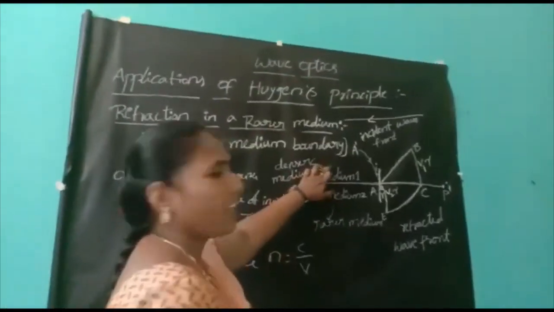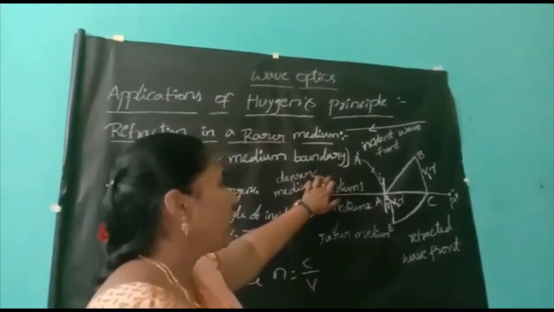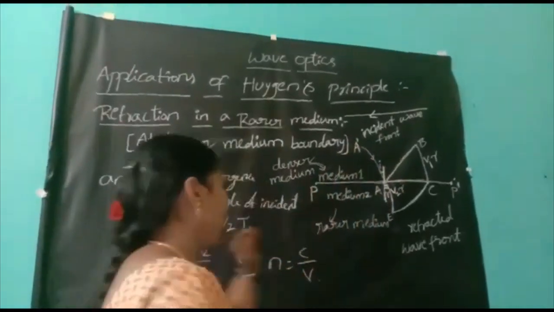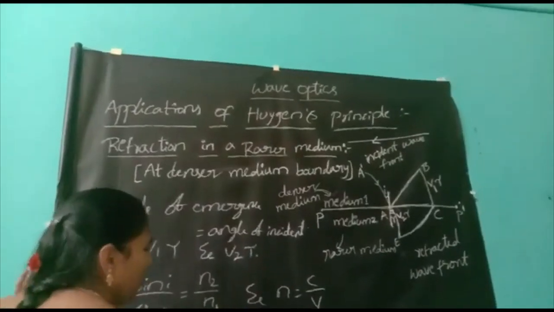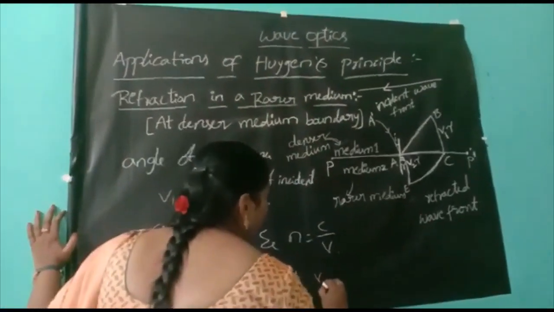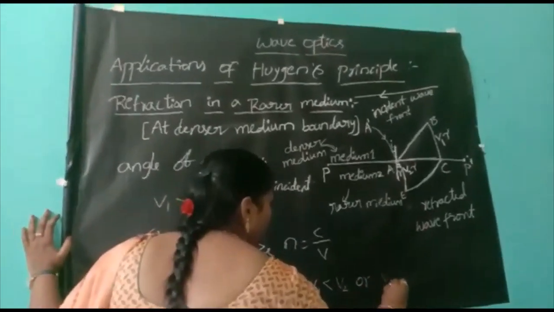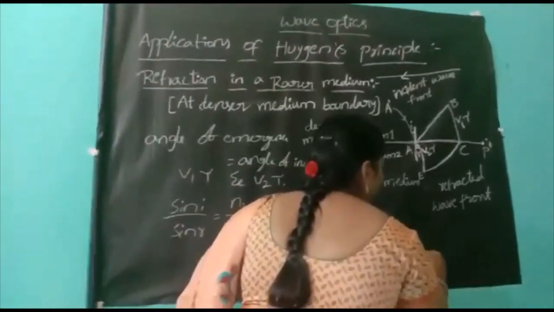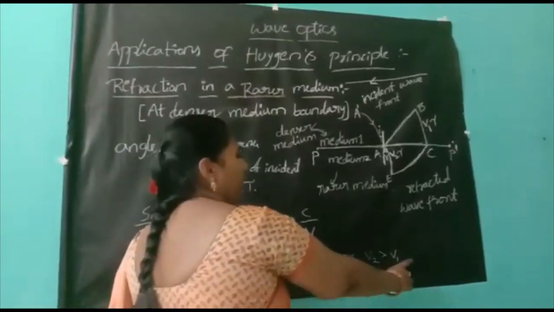Medium 1 has greater refractive index, and in this case the speed of light is less. So n2 is less than n1, but speed of light v1 is less than v2, or v2 is greater than v1.